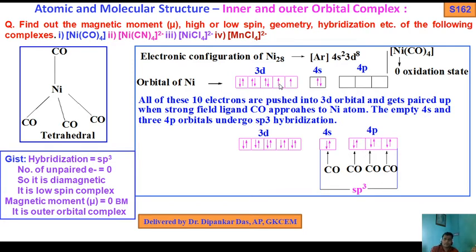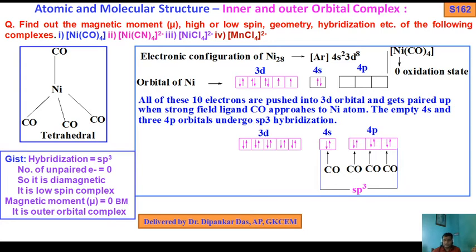Why? Because of the strong field nature of CO. So now the 3d orbital becomes, we already have these 3 pairs of electrons. Now this becomes a pair and this comes here. So all the 5 orbitals of 3d get paired up, that is, contain 10 electrons.